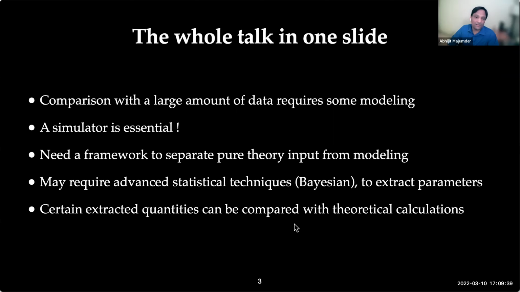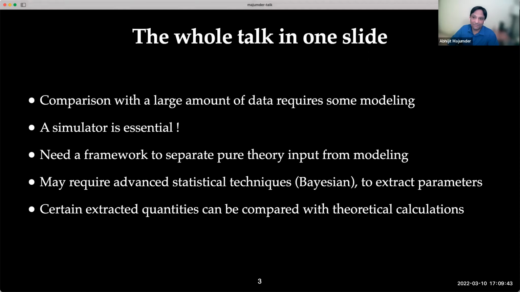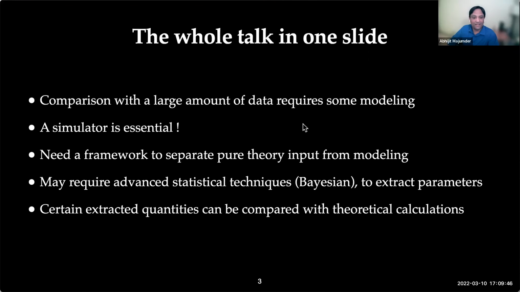But having multiple parameters basically means that some kind of Bayesian analysis has to happen. And only some of these quantities can be calculated from first principles, and some of these will remain as model uncertainties.